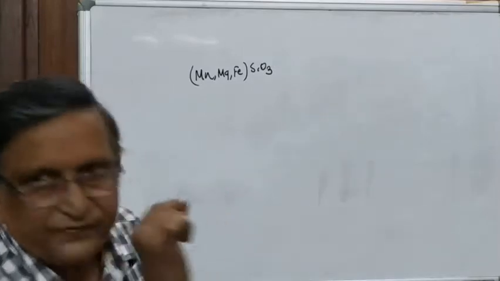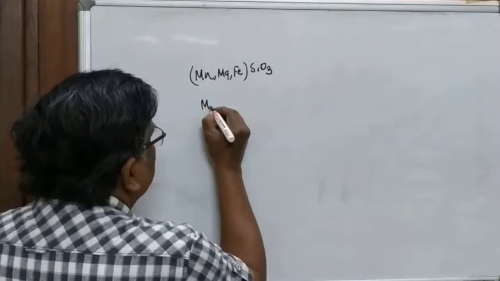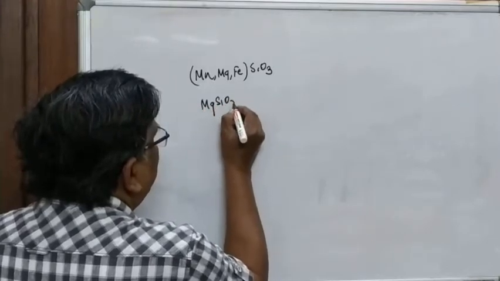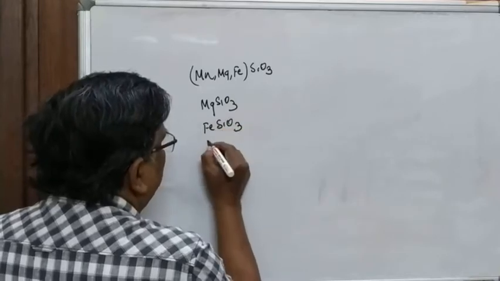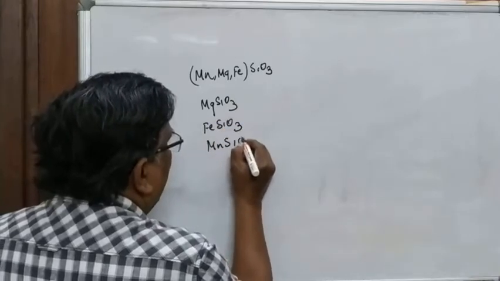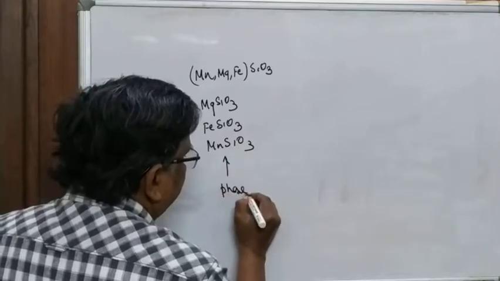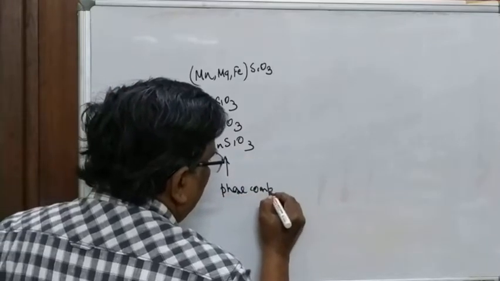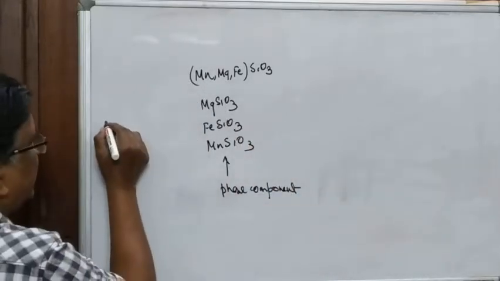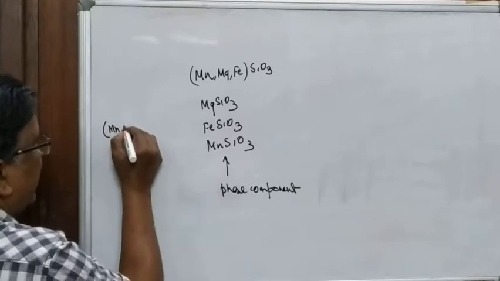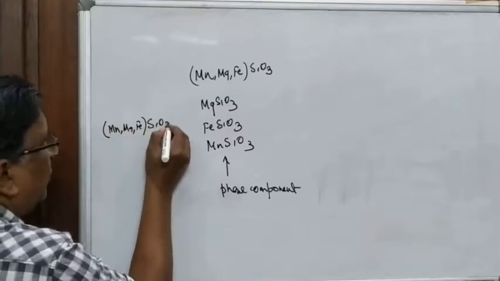And therefore each of these components, MgSiO3, FeSiO3 and MnSiO3, are distinctive phase components. And what is the phase? MnMgFeSiO3.